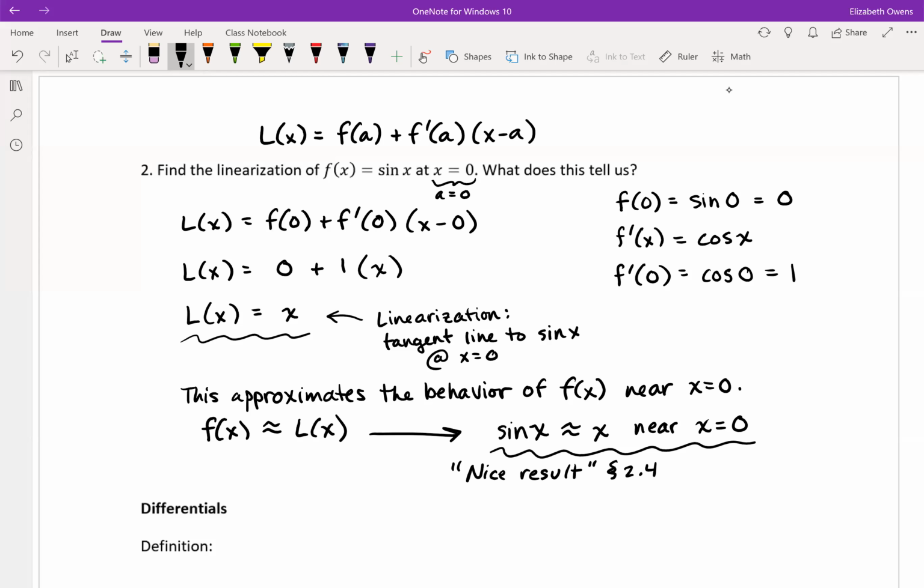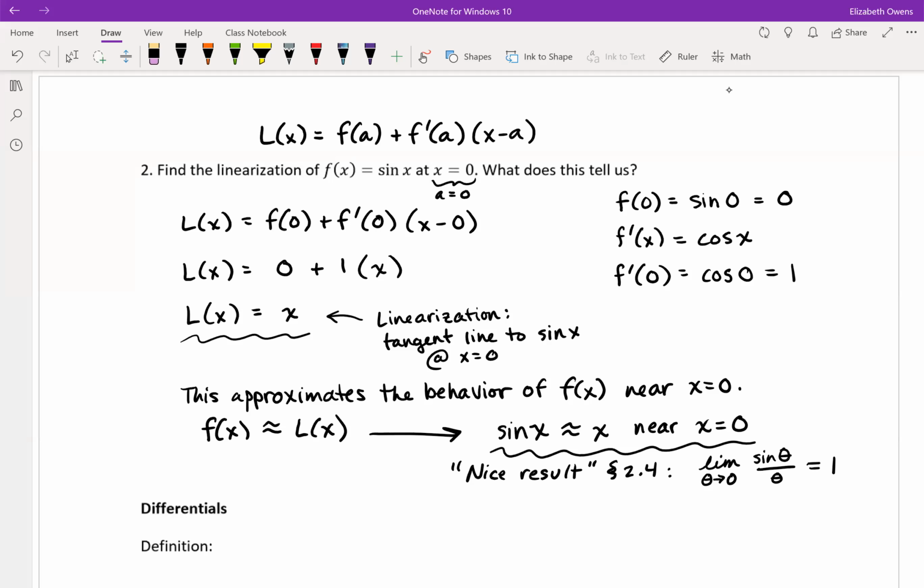The nice result there was that the limit as theta approached 0 of sine theta over theta was equal to 1. And so that told us that the sine of an angle and an angle itself, the angle value, were about equal to each other when the angle was really small.